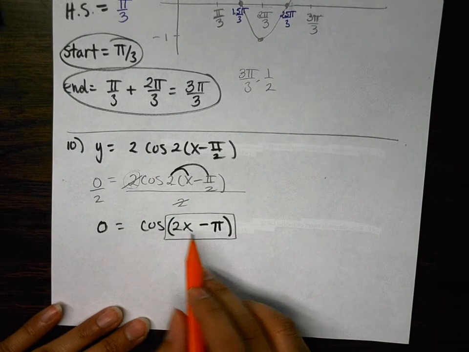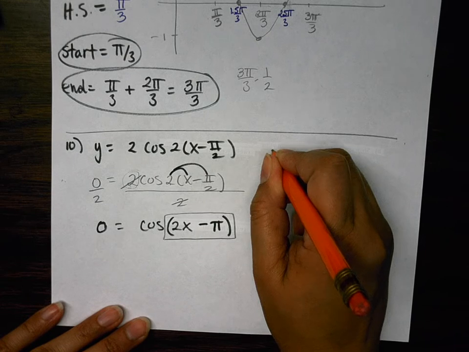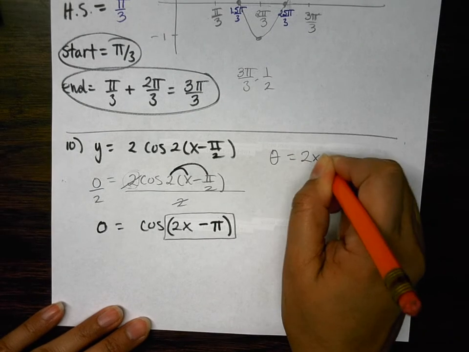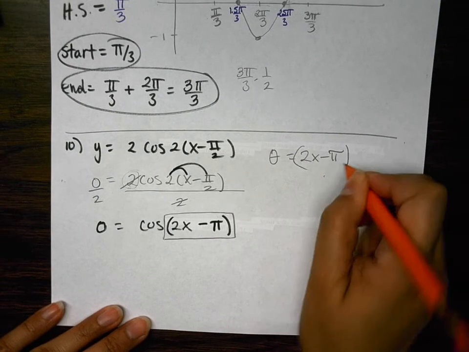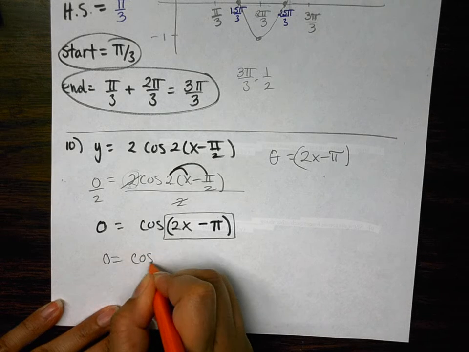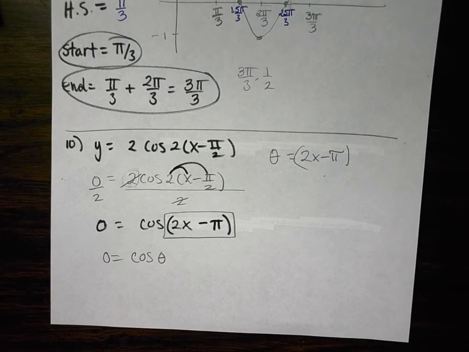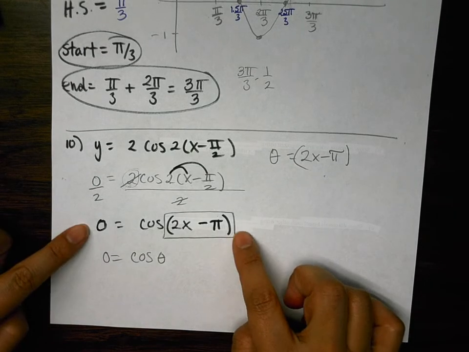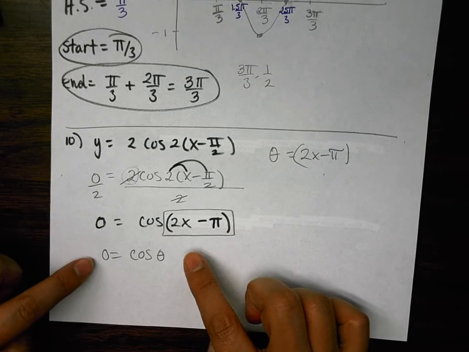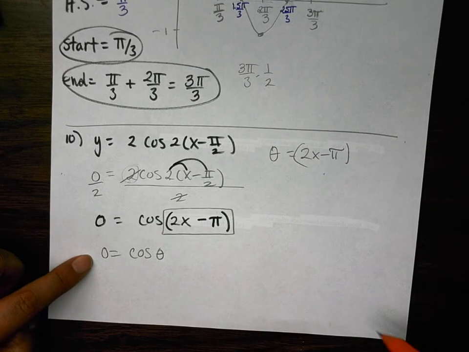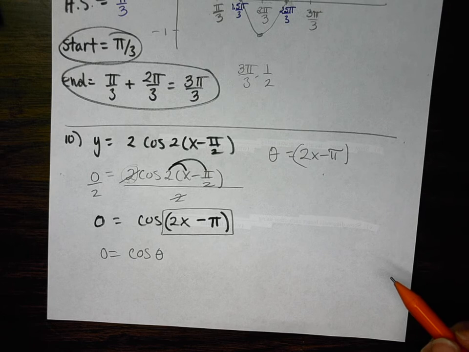The zero product property. I couldn't use it here because it's not cosine times, it's cosine of. I used the substitution theta equals 2x minus pi, because this is something I can solve. Cosine theta equals 0. Is that something you all know how to do? Yes or no? Cosine theta equals 0. This up here is a little rougher on the eyes, where this is easier for us to solve.